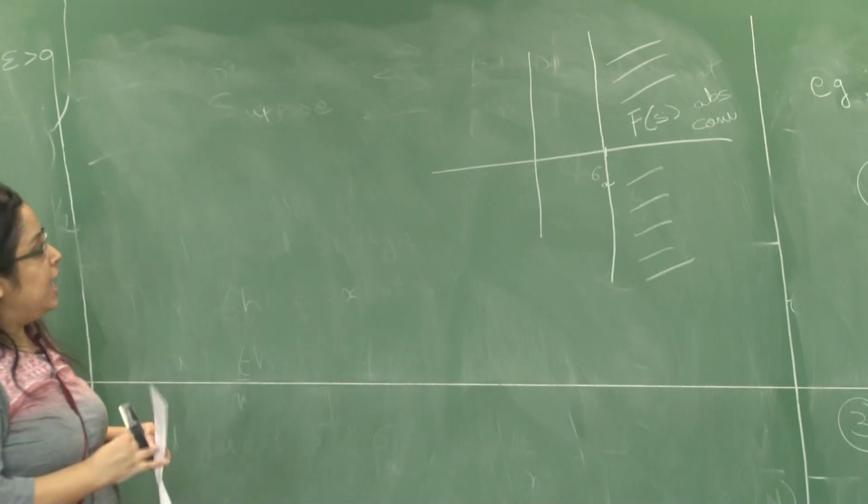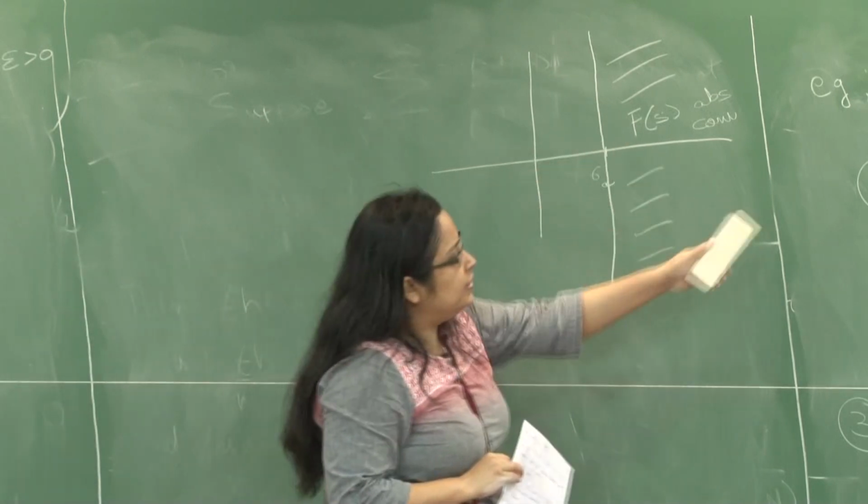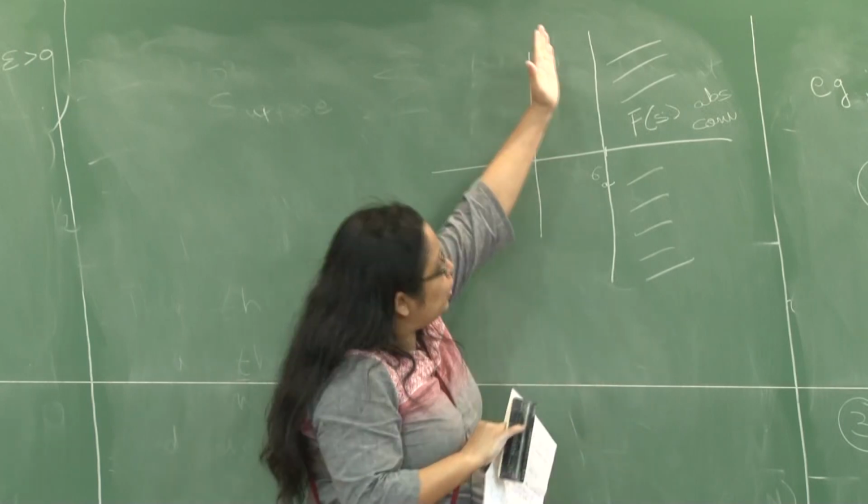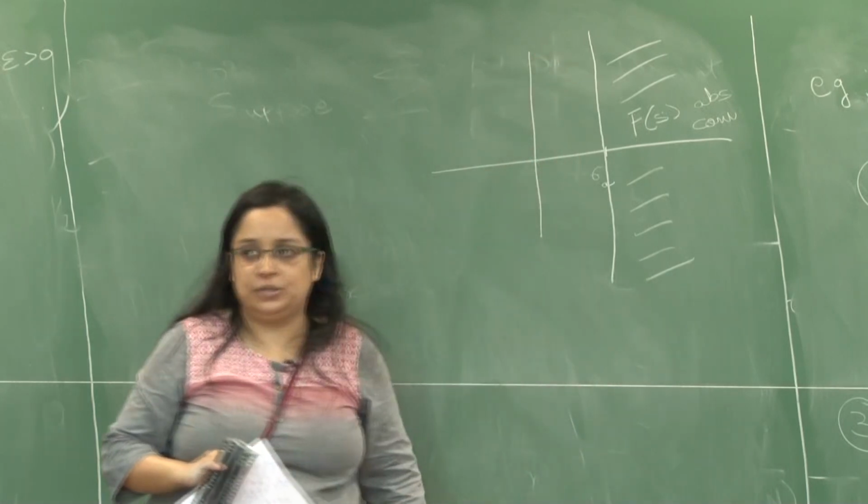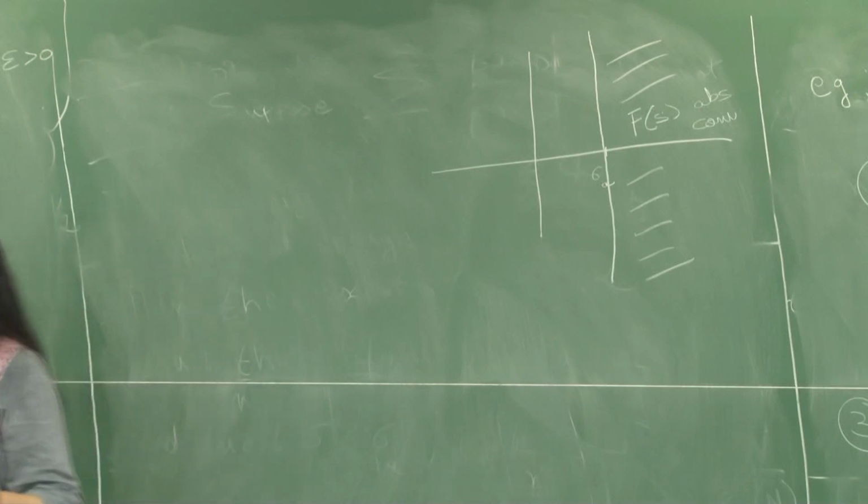Therefore for any such Dirichlet series there is always a half plane of absolute convergence. This is what it is called, half plane of absolute convergence.